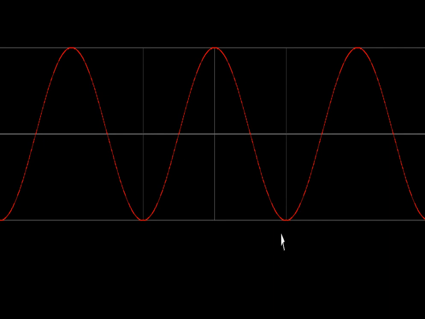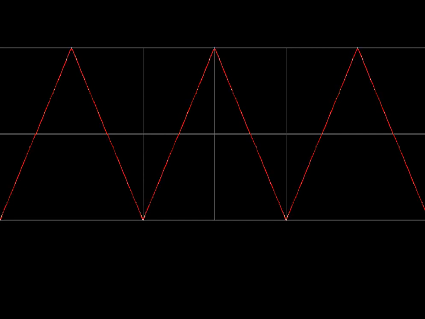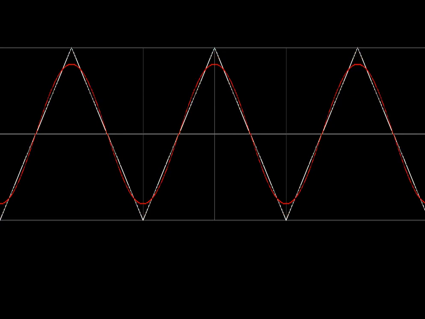Now if we consider a triangle wave, as the number of terms increases, you will get the accurate figure. If the number of terms decreases, what happens? Just look at that.